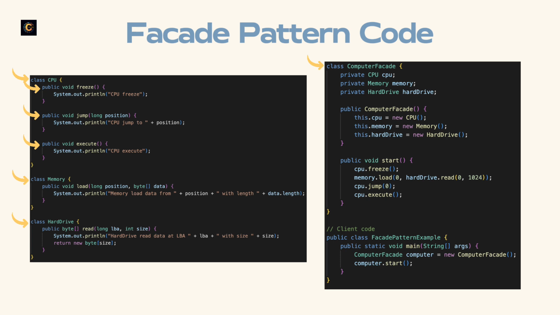In the client class we have called the start method of the computer facade, which does all the job of starting a PC. As you can see, we have used a facade in between to do all the jobs involved in starting a PC instead of us doing everything. That's the beauty of the facade design pattern.